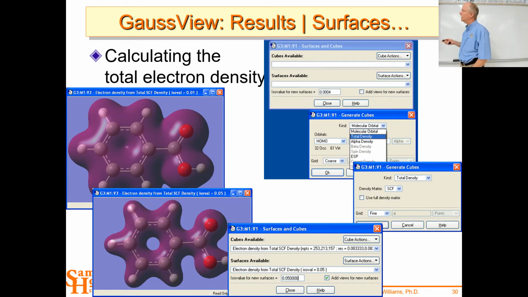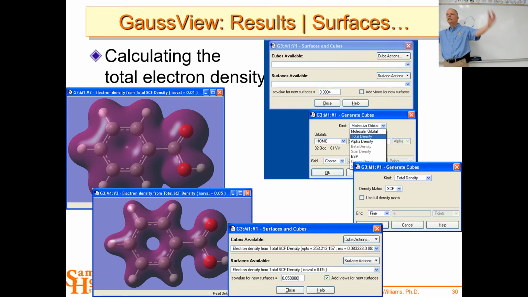So this is the electron density surface. And so you have these different ISO values. Up here we have one that looks like it's calculated with a 0.0004, so that's 99.96% of the electron cloud inside that surface. Looks like this one is a 0.05, so that's just a 95% surface.